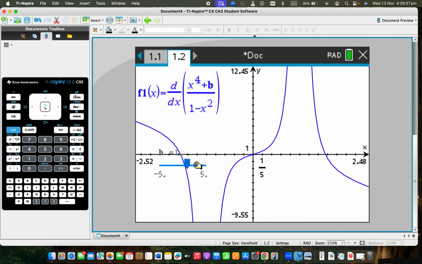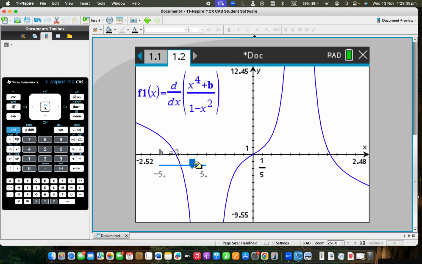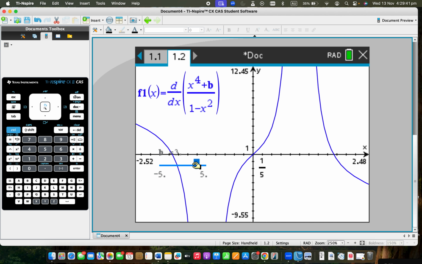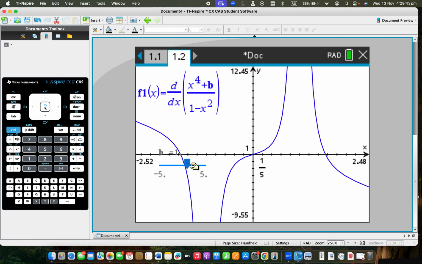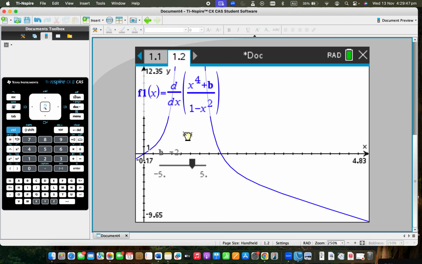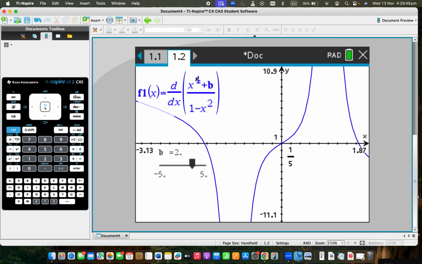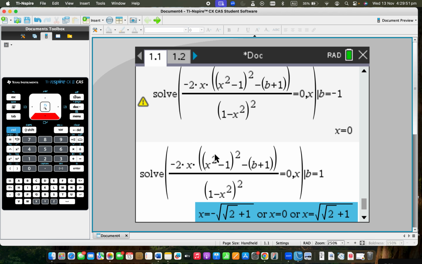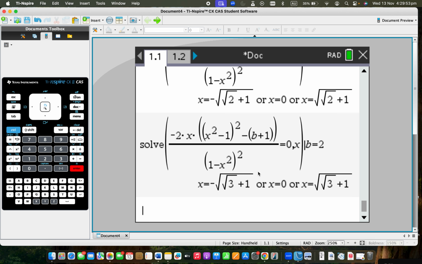Okay, what about if we go to positive like 2? We still only have 3, unless that comes back and touches. No. There's still only 3.